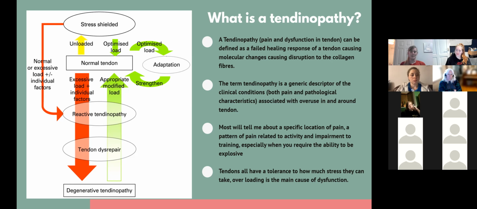There's always a risk, and my job is always to look at risk in the worst case to stop that happening. So what we want, and this is where Chloe comes in, on the right you'll see you've got that optimized load, you adapt, you get stronger, and your tendon remains happy. We do want to stress them, that's how we get stronger, but we want to do it the right way. So I'll go straight to the nasty stuff now.